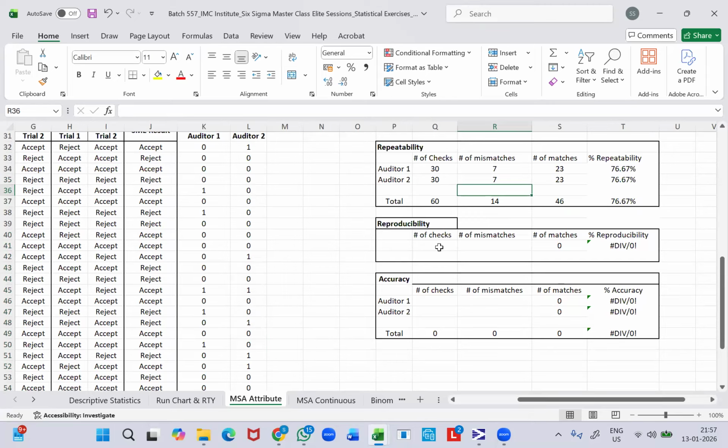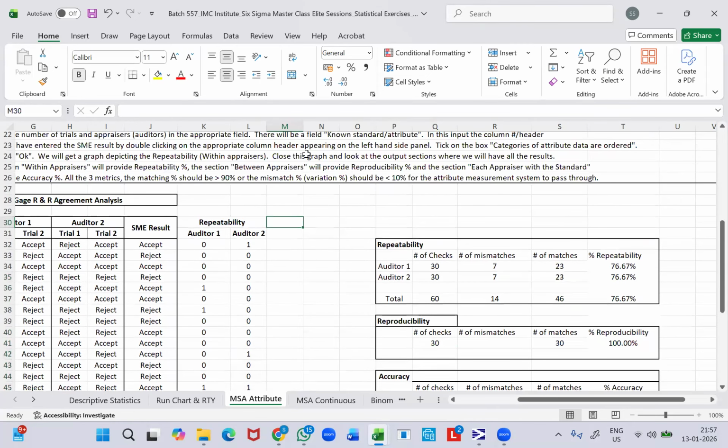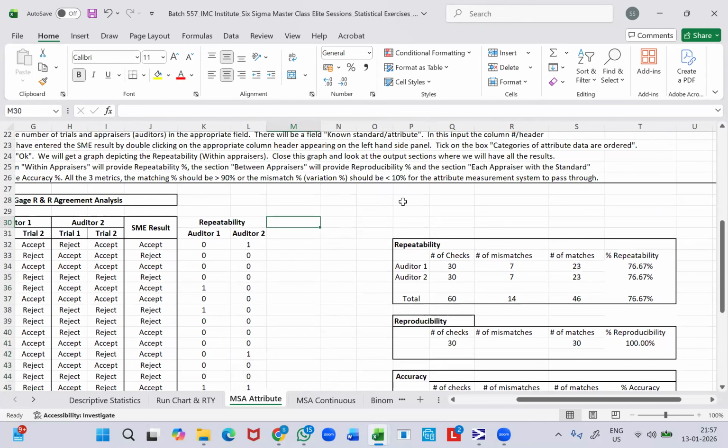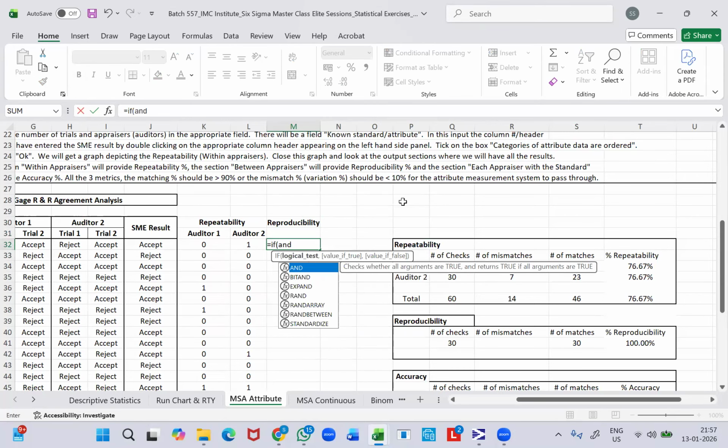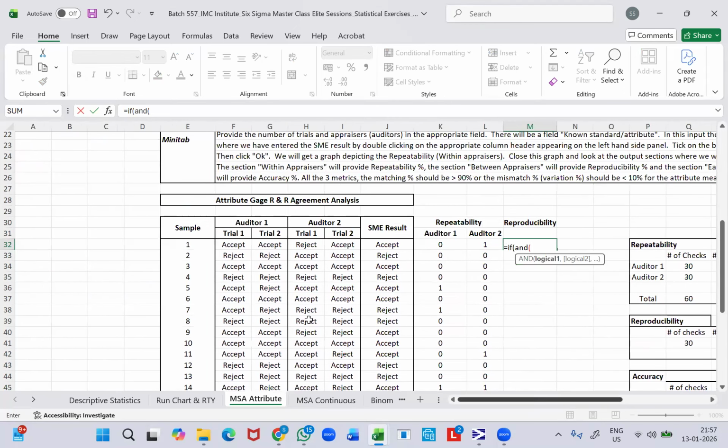Now for calculating the reproducibility, we need to write the relevant formula. I will use the next column for calculating the reproducibility. I'm going to write the IF AND formula in Excel. In the case of reproducibility, as far as this scenario is concerned, all the 4 trial results for a particular sample provided by both the auditors put together should actually match.